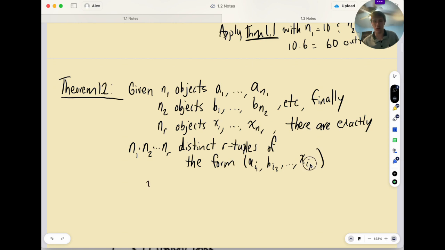Okay, with, of course, i1 going from 1 to n1, i2 going from 1 to n2, and ir going from 1 to nr.